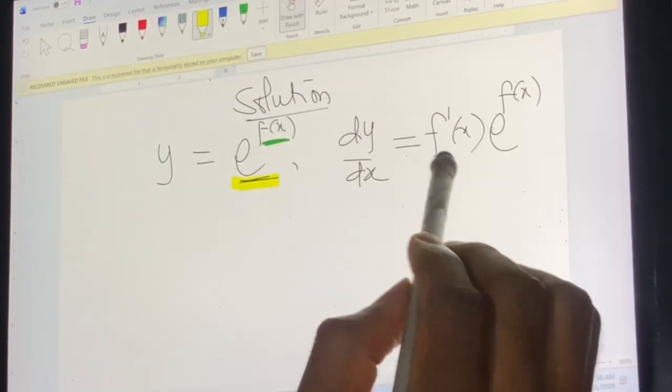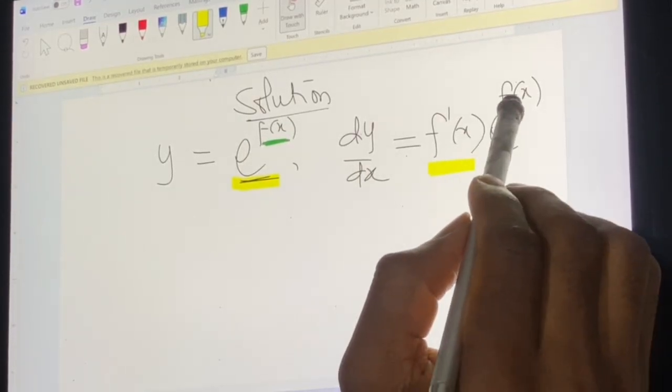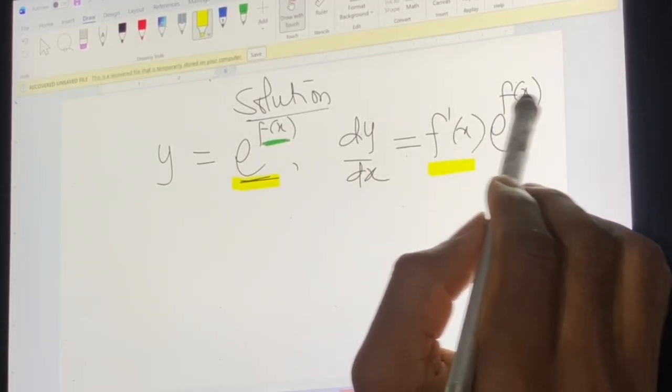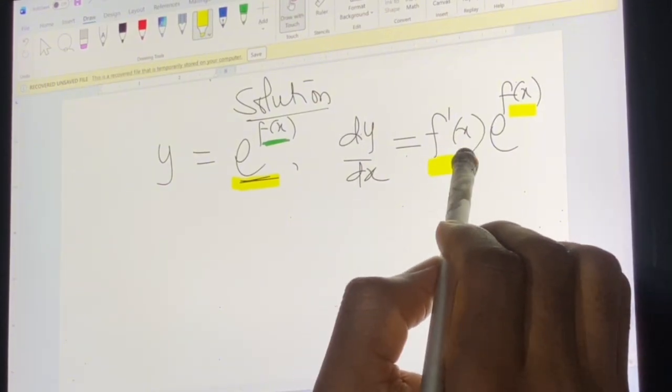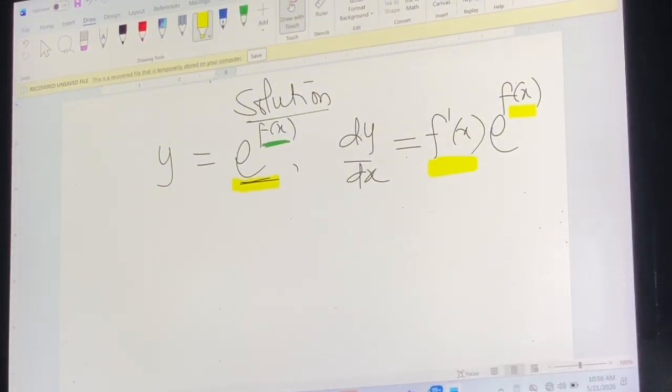So this f prime of x represents the derivative of f of x. Please take note.